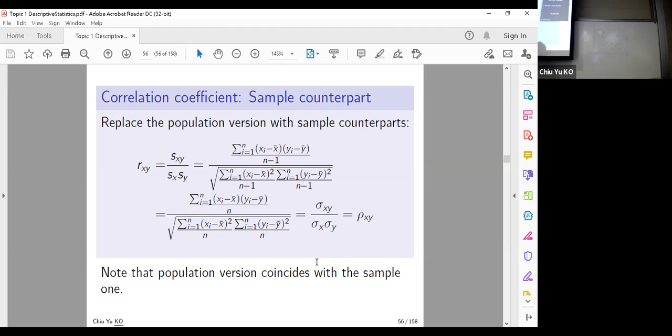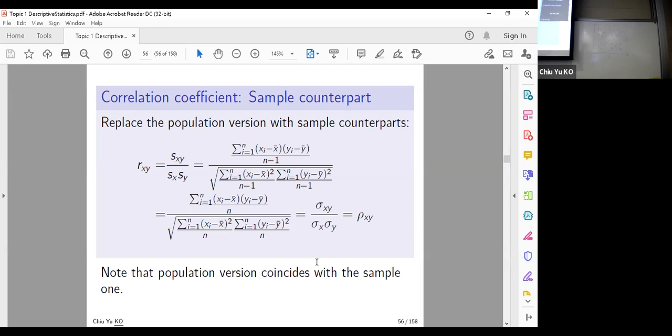So it is the same as the original one. That's why it's very funny for the correlation coefficient: the sample counterpart is the same as the one you want to measure. Just as with the mean, you don't have to divide by n minus 1. It's a very interesting thing. The proof is here, but I guess no one cares about the proof. But that's simple.